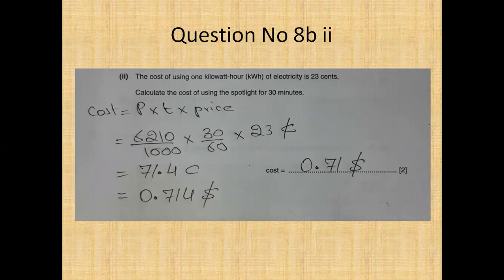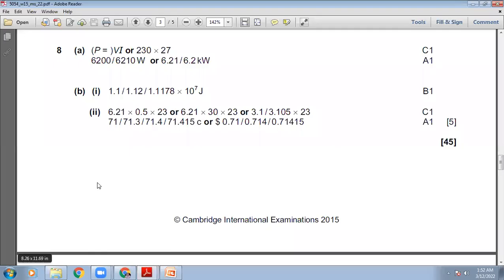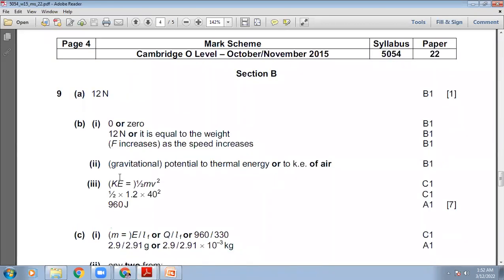So 6210 divided by 1000, multiplied by 30 divided by 60, multiplied by 23. You get 71.4 cents, which is approximately 71 cents. Divided by 100, you get $0.71. $0.71 is the cost. Let's have a look at the marking scheme. And it is $0.71, so our answer is right.